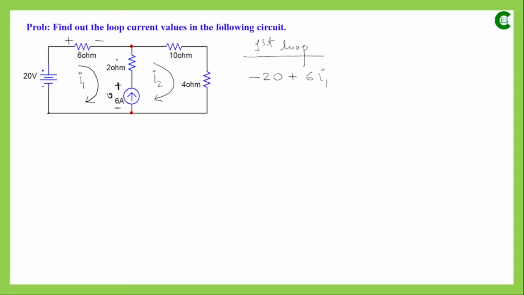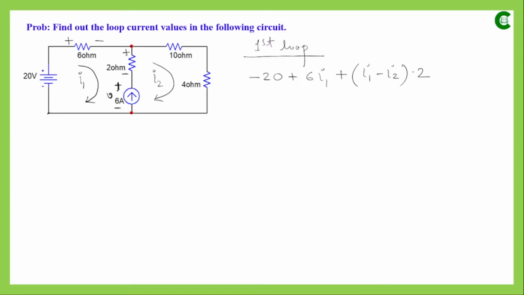Since we are in the first loop and the direction of I1 is downward through this resistor, the resultant current will be I1 minus I2, and this will be at higher potential and this at lower potential. So the voltage drop across this resistor with respect to this loop current will be written as 2 times I1 minus I2.